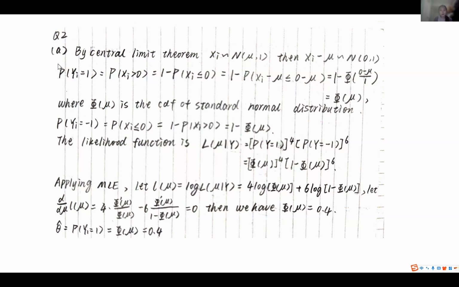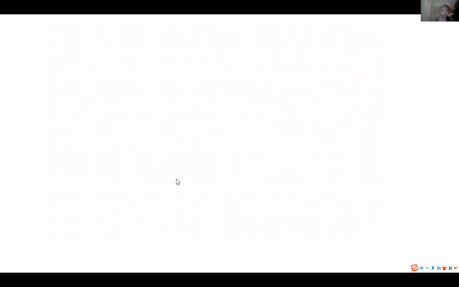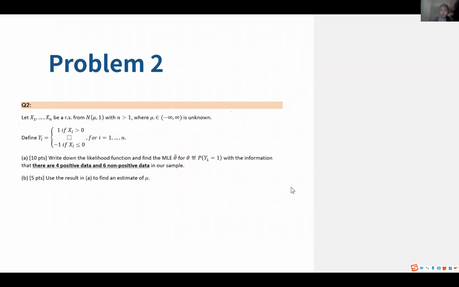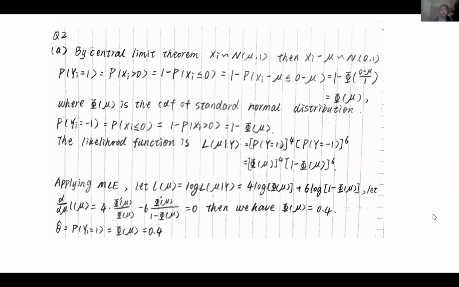So as with P(yi = 1), we can have P(yi = minus 1) here, which equals 1 minus phi(mu). So now we can deal with the likelihood function. We have 4 data which are positive, and 6 data which are not positive here.